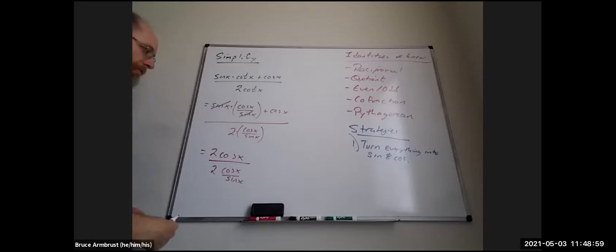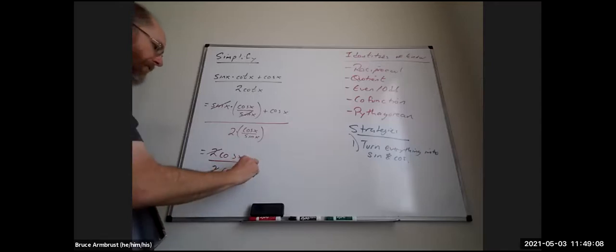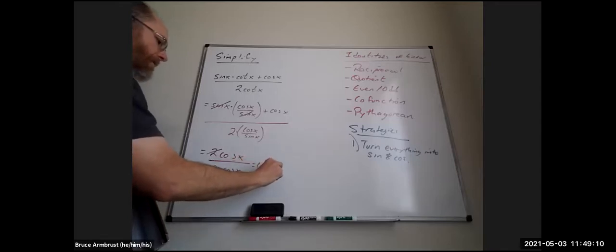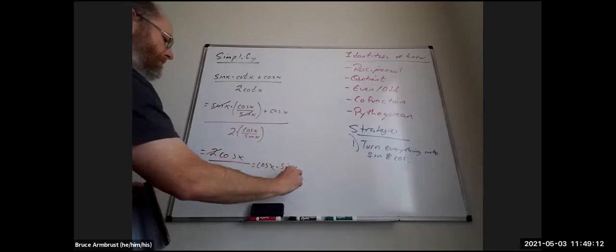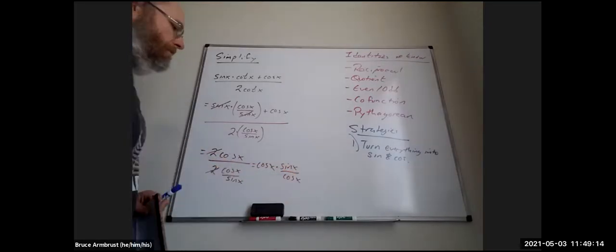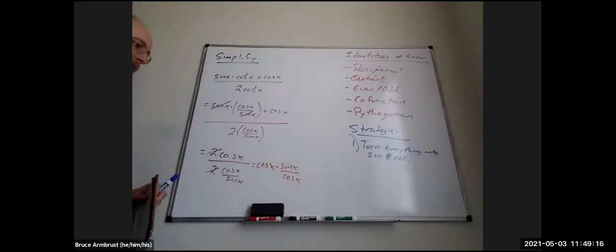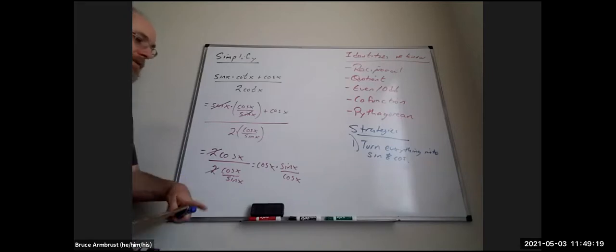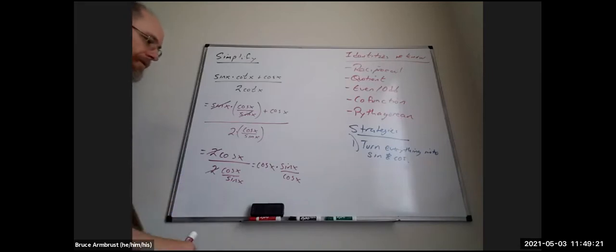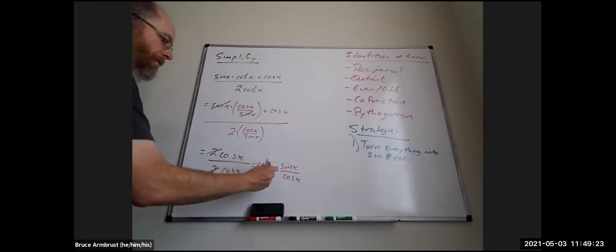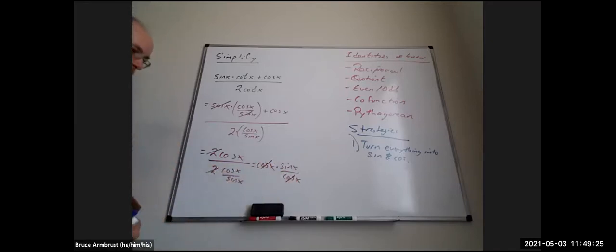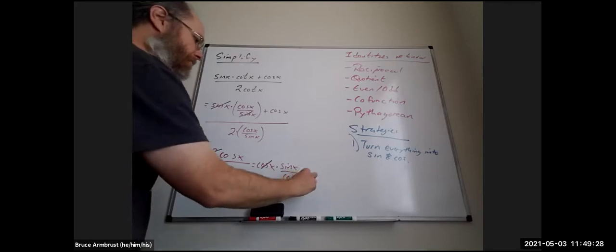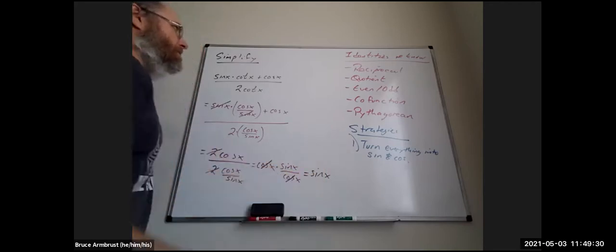We'll go ahead and cancel those 2's. And then I'm dividing by a fraction, so we'll go ahead and flip that thing over. So this is the same as cosine times sine over cosine. So those cosines cancel. And this just equals sine of x.